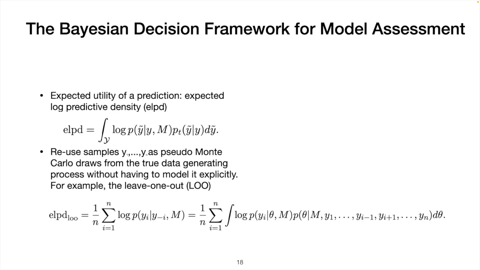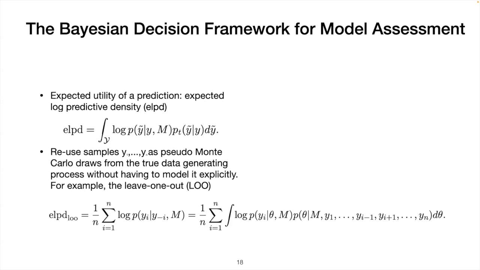So that's the truth, the t denotes the truth. You evaluate your prediction, log p(y~ | y) given your model, and you integrate out over y~. So that's the expected log predicted density, ELPD. We don't know how to compute this quantity, right? It involves p_t, which we don't know. If we knew p_t(y~ | y), then I wouldn't have to run my model. I would just use that as my prediction.